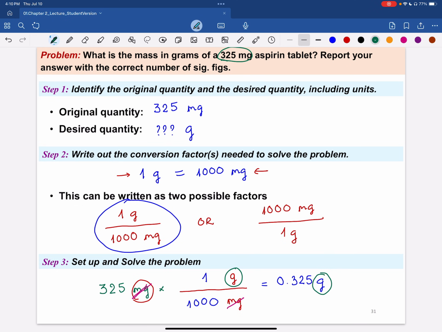Then ask yourself, which conversion factor should I use so that the unwanted units are canceled out and I am left with the desired unit? That is dimensional analysis, and I will see you in the next one.